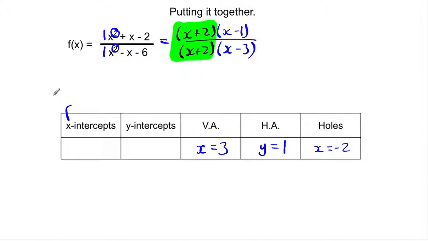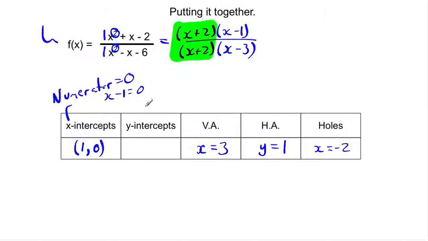But if the numerator is equal to 0, that will give us y is equal to 0. So we set the factors that we did not pull out, so this x plus 2 does not count. If we set this numerator of x minus 1 equal to 0, we get that our x-intercept is at x is 1, so the point would be 1, 0.